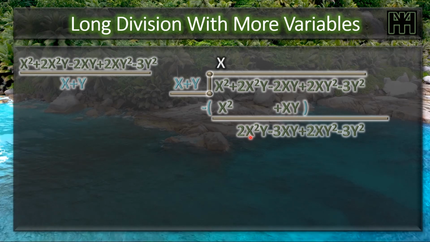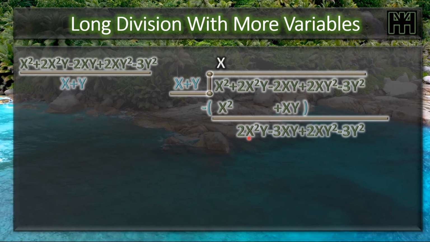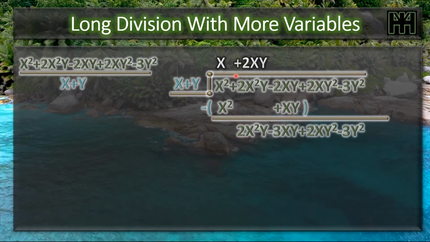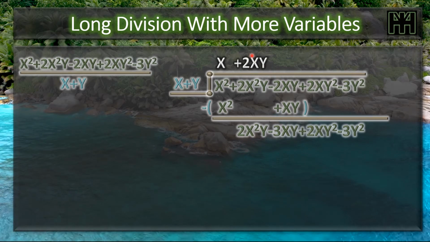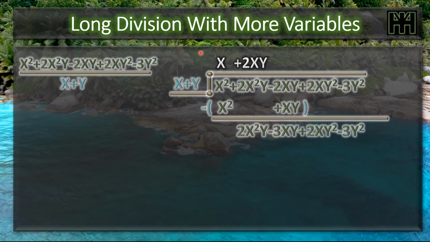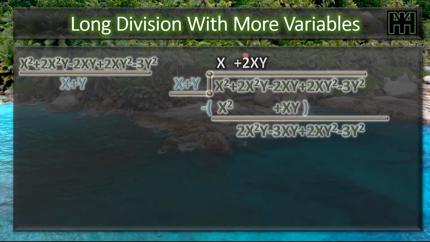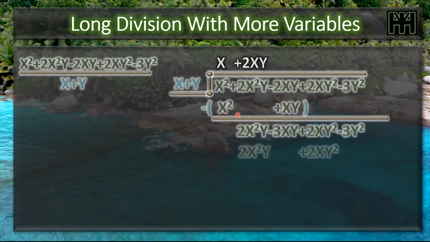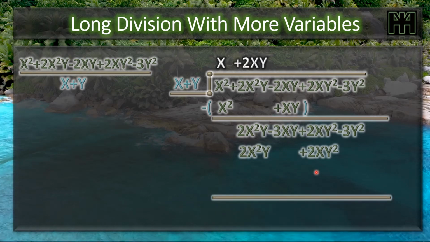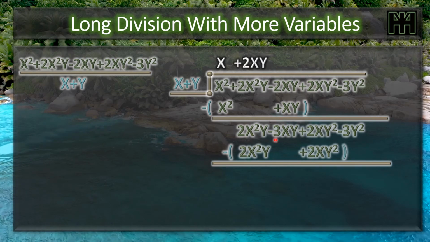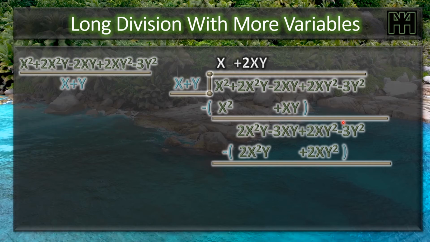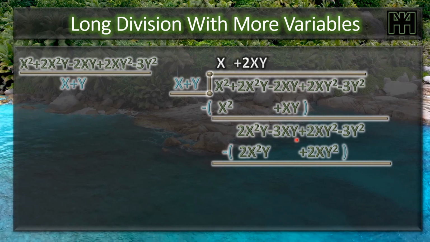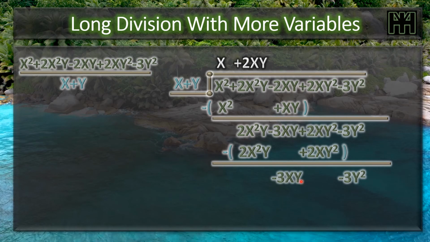Divide 2x^2y divided by x, it will be 2xy plus 2x. Then multiply 2x by x, it will be 2x^2y, and 2xy^2 multiplied by y. Then we will subtract. This will cancel out each other. We have negative 3xy minus 3y^2.